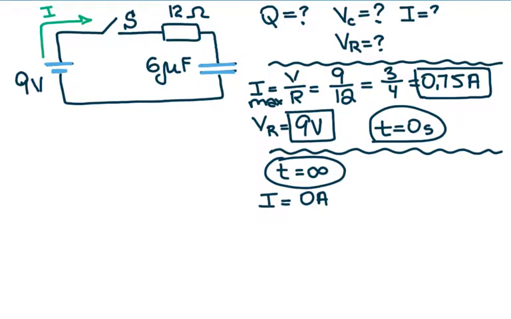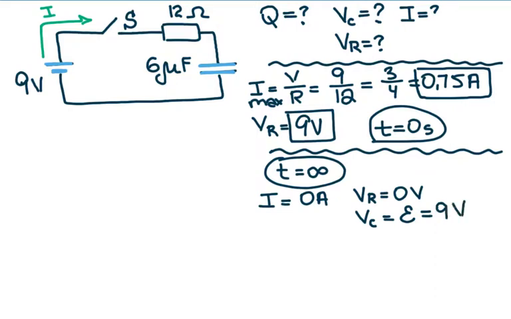And because there's no current flowing through the circuit, the voltage on the resistor is also equal to 0. If the voltage on the resistor is equal to 0, then the voltage on the capacitor matches the EMF of the battery and equals 9 volts.